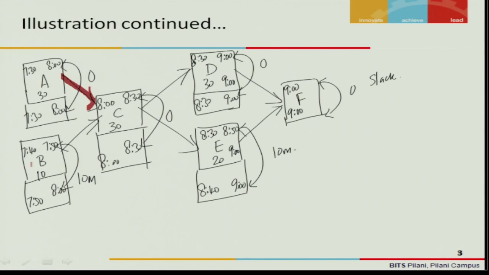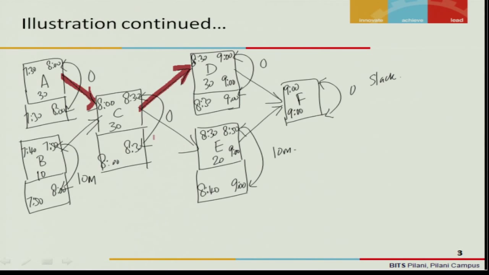He did not start exactly at 7:40 as planned, but even if he starts 10 minutes later from his home, he will still be able to catch up with the meeting. In this case again, you have a slack. Here you don't have a slack, so this becomes a critical path.